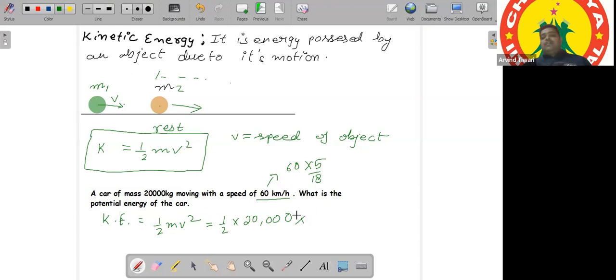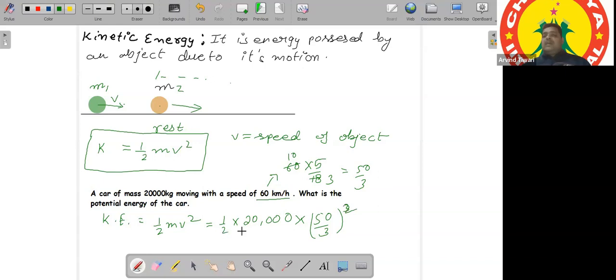So the velocity over here will be 60 multiplied by 5 by 18. Simplify it. You get 10 here and 3 here, so you get 50 by 3. Put here 50 by 3 whole squared.